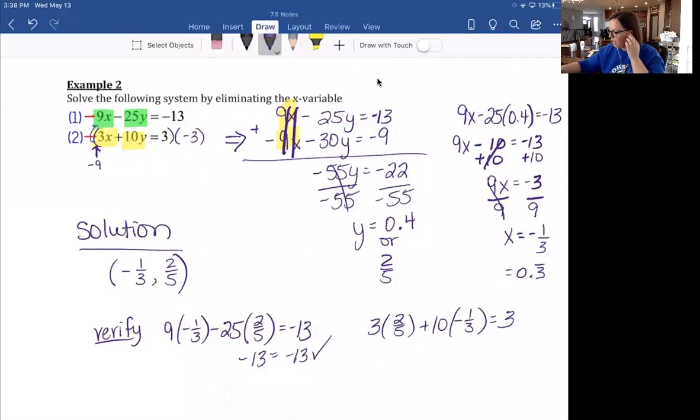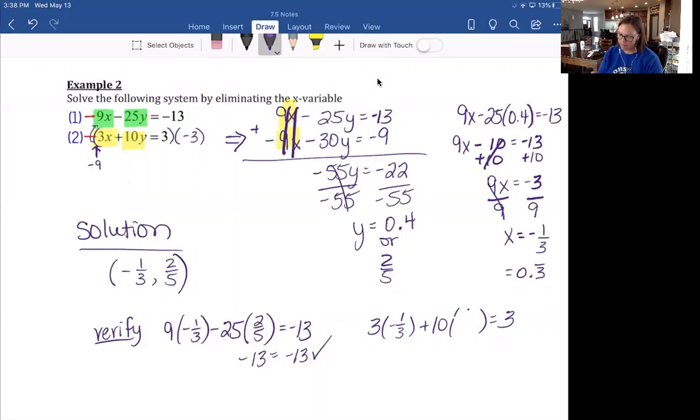Okay, I'm back. I tell you, it's a lot easier to have students that can tell me where I went wrong instead of having to figure it out myself. I put the numbers in the wrong spot. I put the y number in the x and the x number in the y. So it should be 3 times negative 1/3 plus 10 times 2/5. Then you will get 3 on each side.